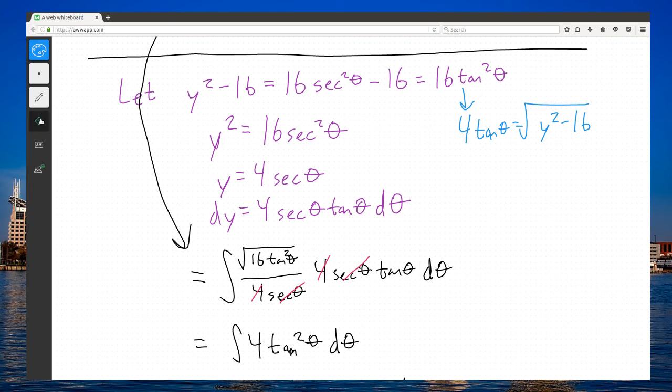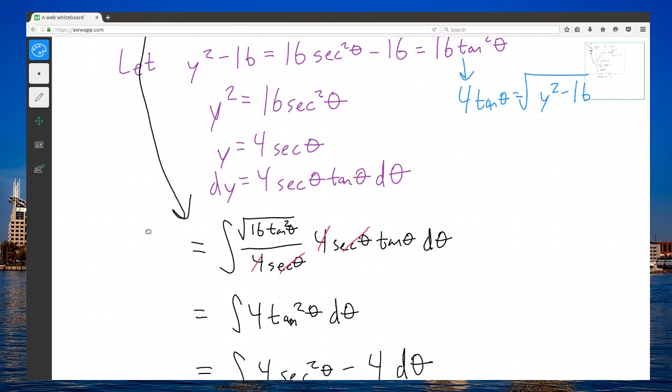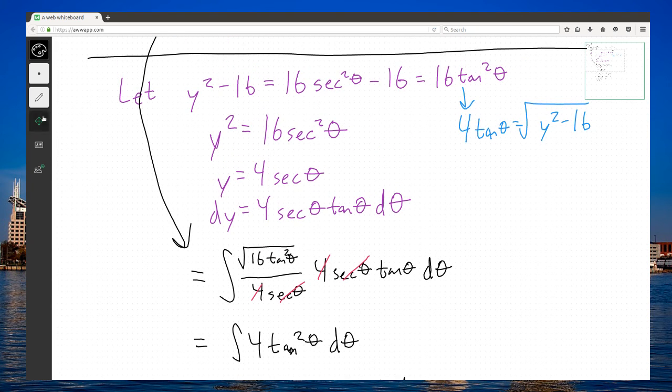And that's actually exactly what I was asked to find down here. 4 tangent is root y squared minus 16, so I'll write that down. Minus 4, what is theta? Go back up here. Well, I have y equals 4 secant of theta.